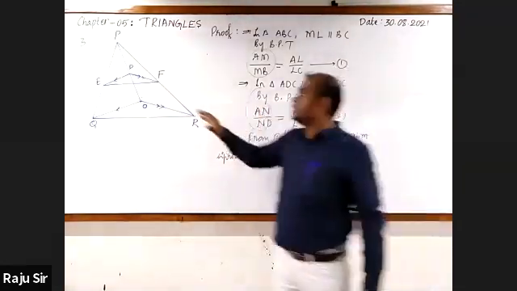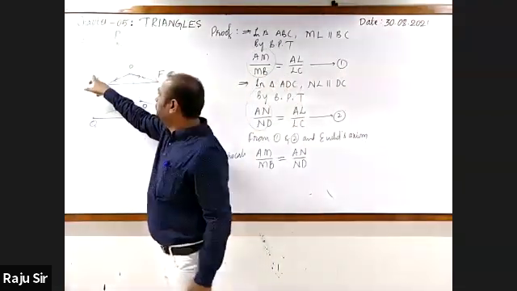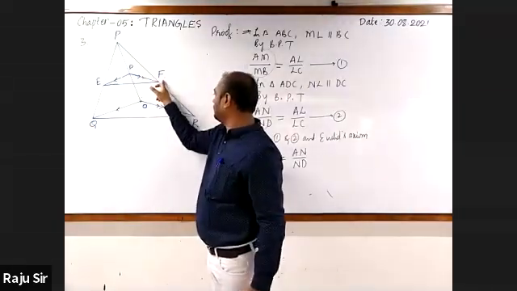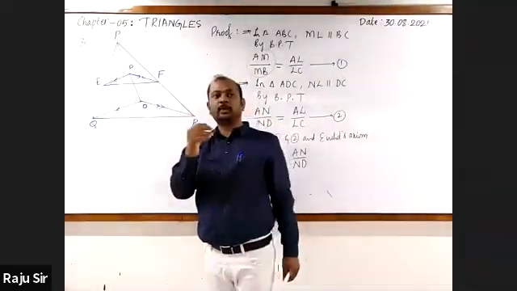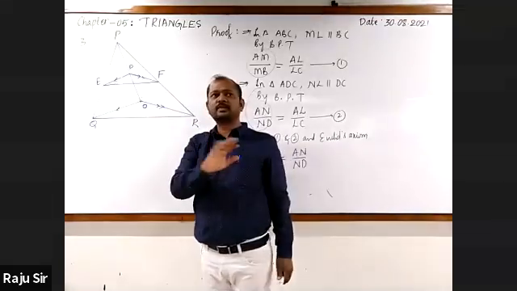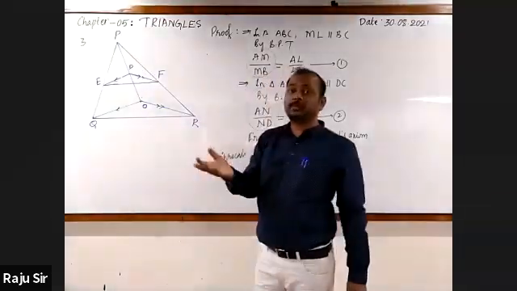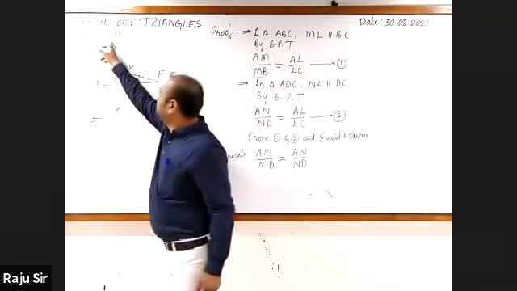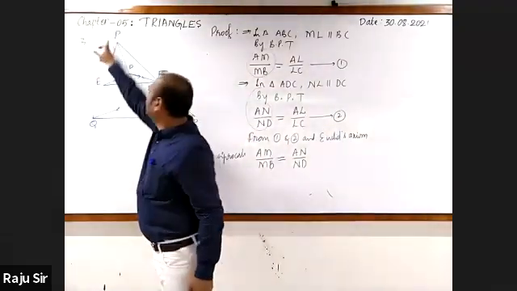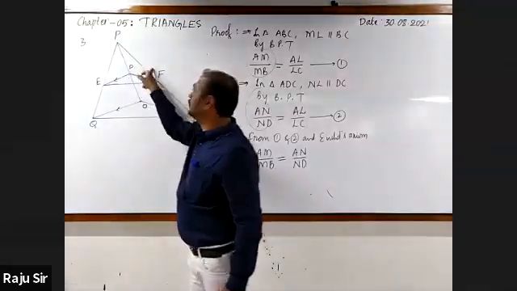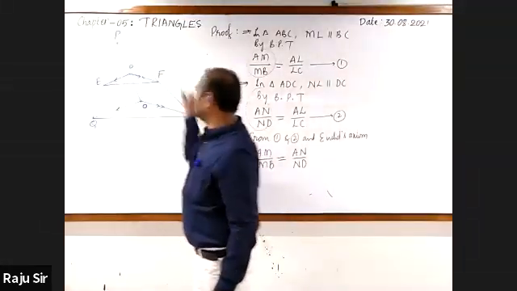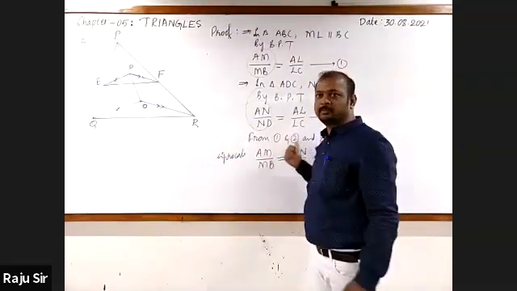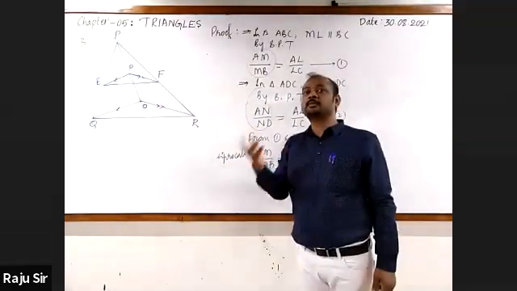Like earlier, we will prove this as PE by EQ is equal to PF by FR. That type already is over, right? Don't concentrate on that. Next, further possibility: PE by PQ is equal to PF by PR. That type is also over, right? Just to be proved that. What is the next possibility?